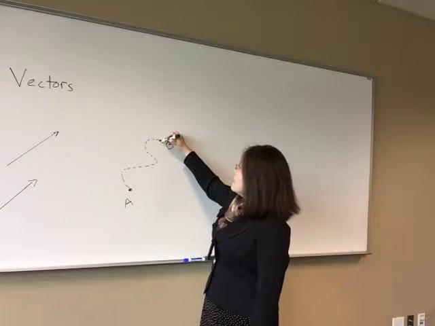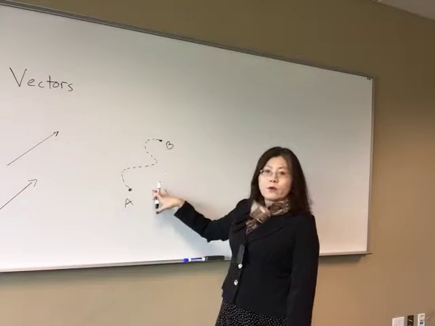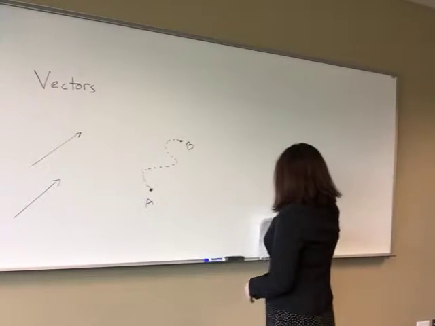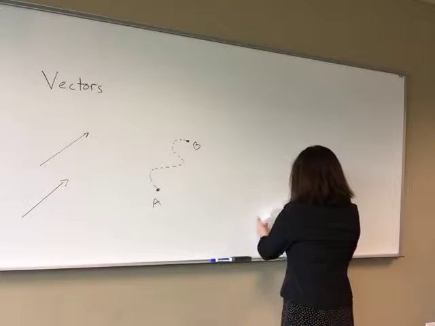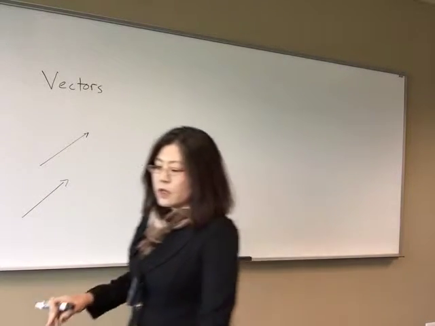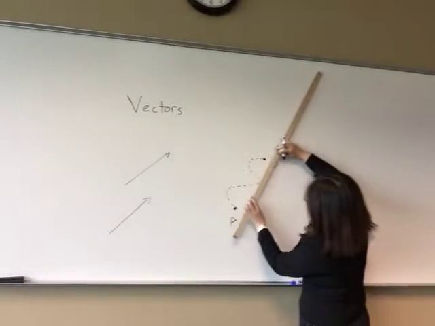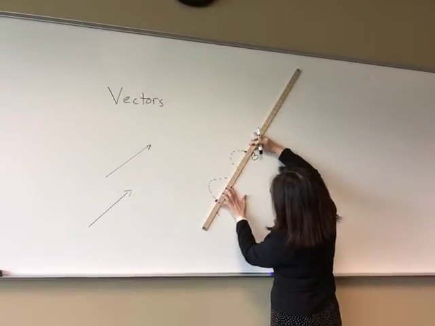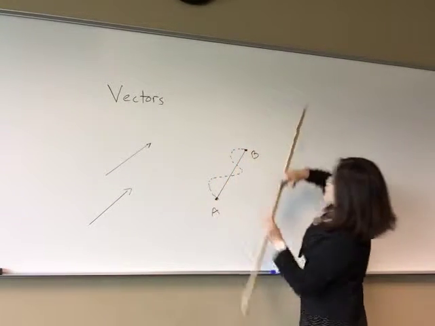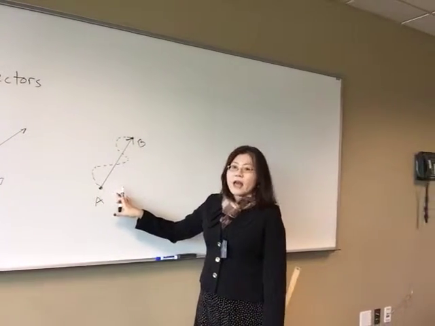To find the displacement, we know that it is the final position minus the initial position. So you can express this displacement in vector form, between point A and point B. We can draw a straight line and use an arrow to indicate it is from point A to point B.